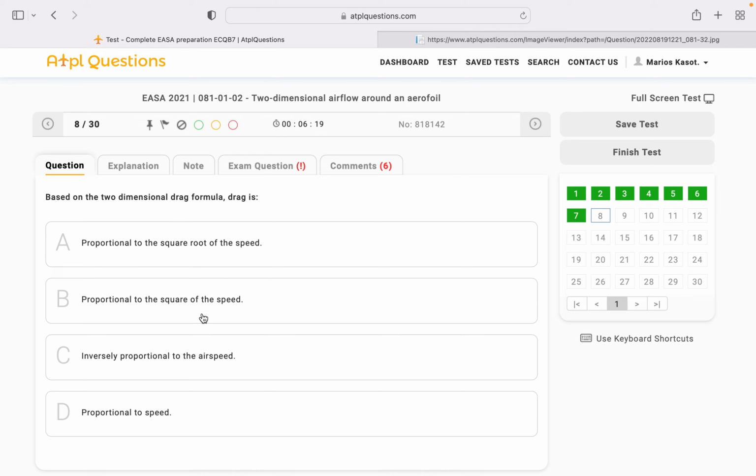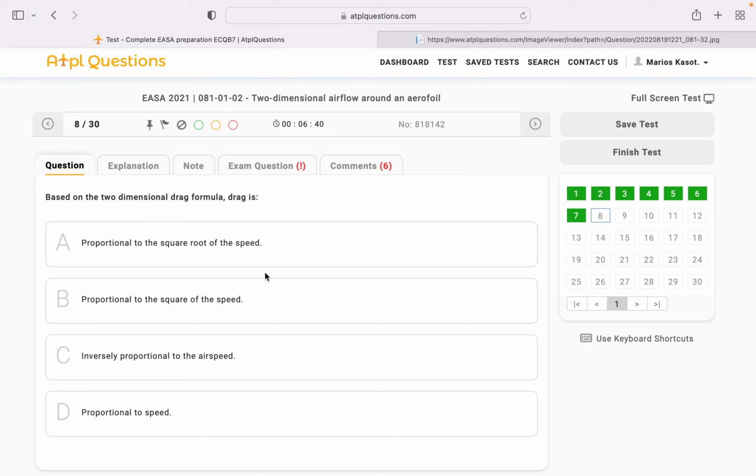No, this is wrong, square root. Okay, proportional to the square of the speed. You see, guys, don't make my mistake. Proportional to the square of the speed, inversely proportional to the speed, and proportional to speed.